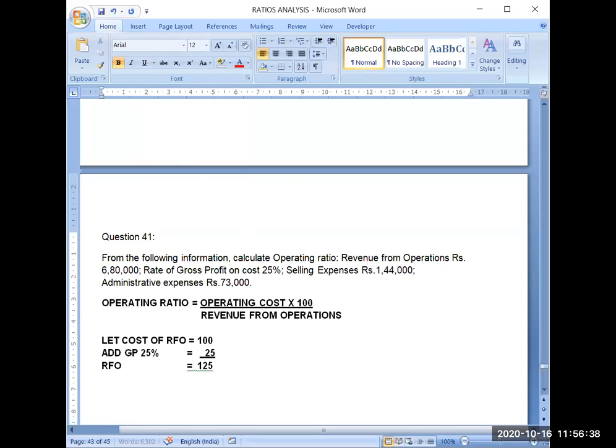With the help of these numbers, again decide: I want to calculate cost, so I will keep it in the numerator and I will keep this in the denominator.